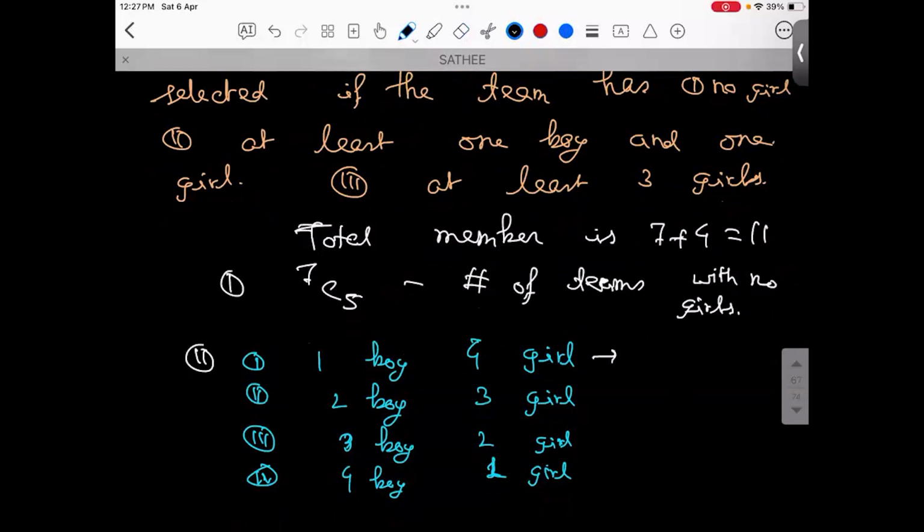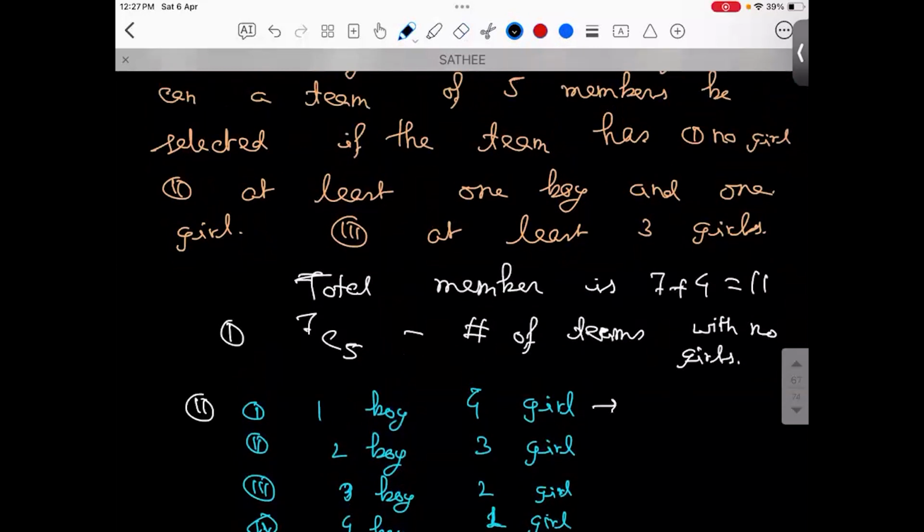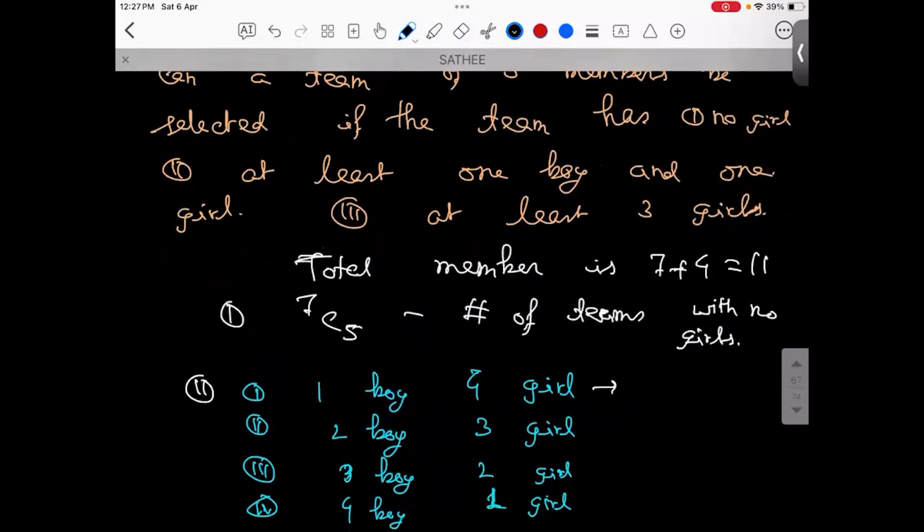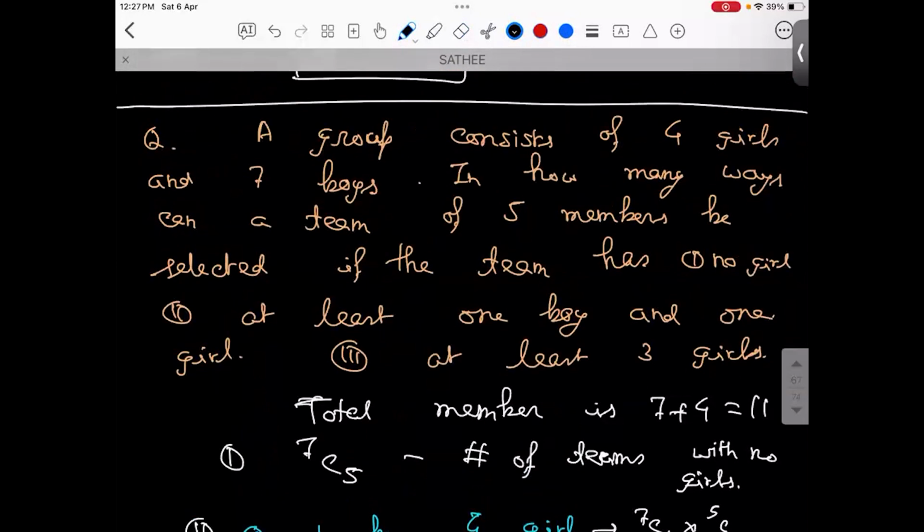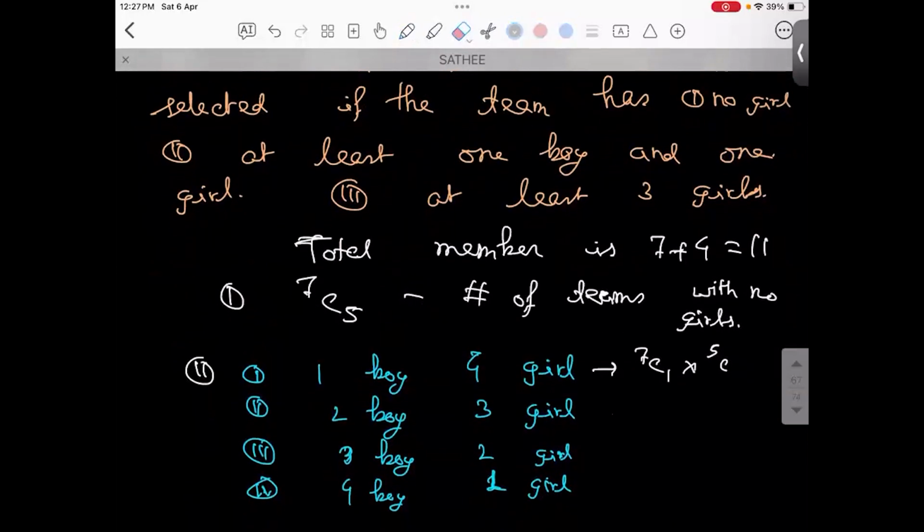Now for the first case, how many possible teams can we form? In this case, we form 1 boy. So how many choices do we have? 7 boys. Among them, we need to pick one boy, so 7C1. Now, depending upon this choice of one boy, we have this many choices of girls. Sorry, 4C4.